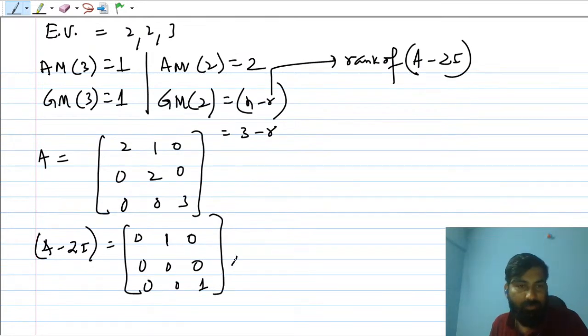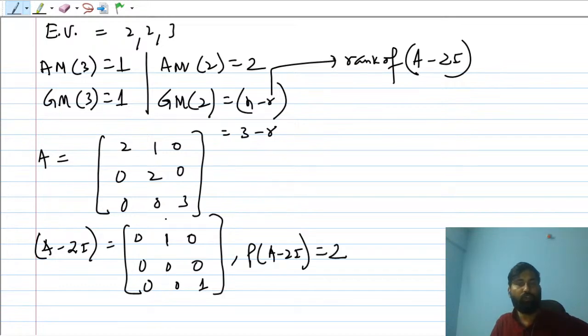So you can directly find the rank now; you don't have to reduce and all. The rank of A minus 2I will be 2, because you can interchange rows, and interchanging rows does not affect rank.